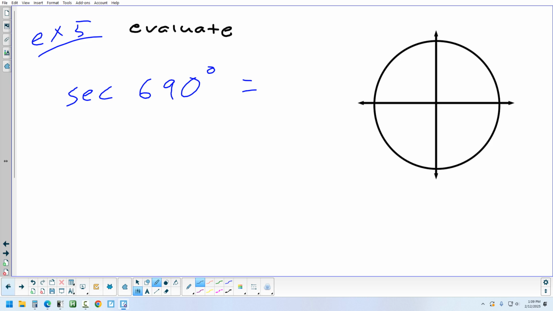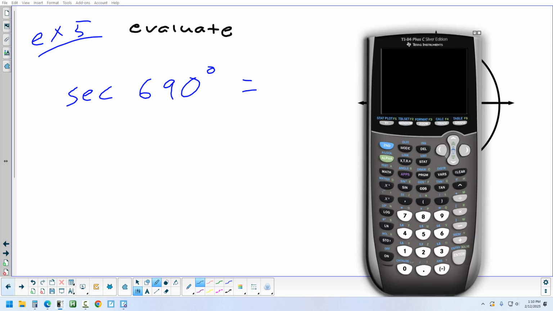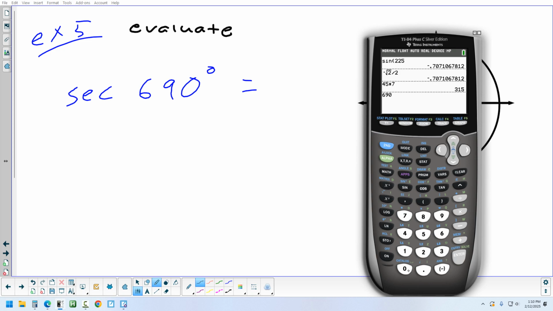Let's try secant of 690. What's harder about that angle? It's past 360, so you're going to have to subtract 360. So take 690, subtract 360, we get 330. So that's good, we get something between 0 and 360.